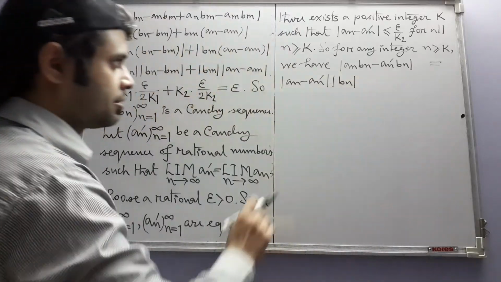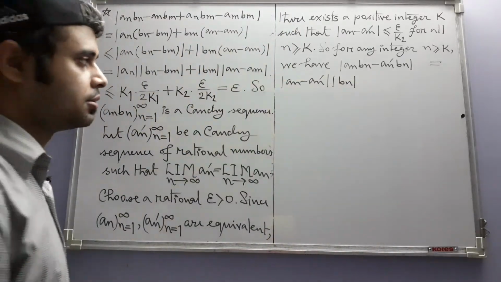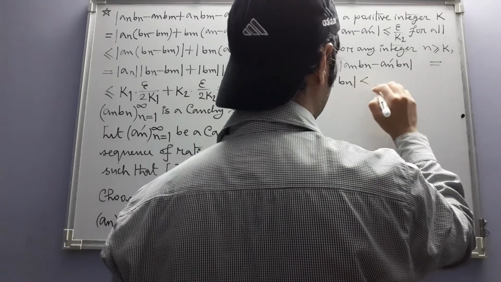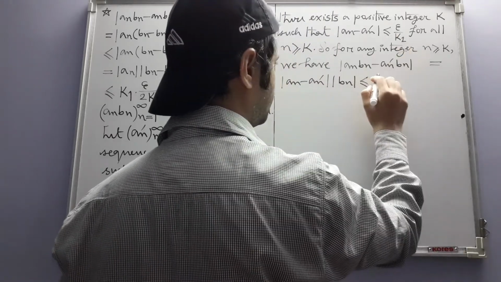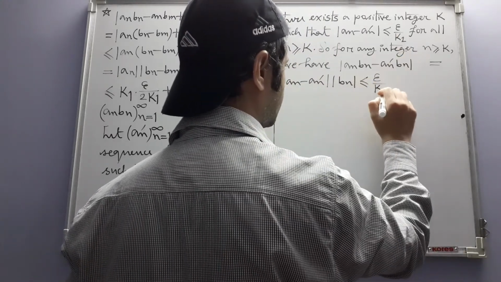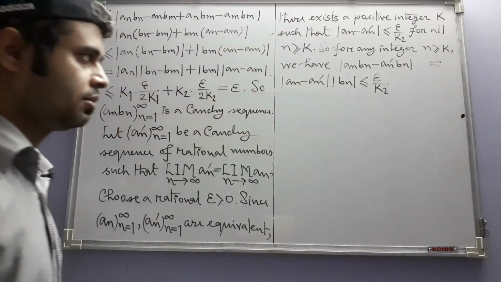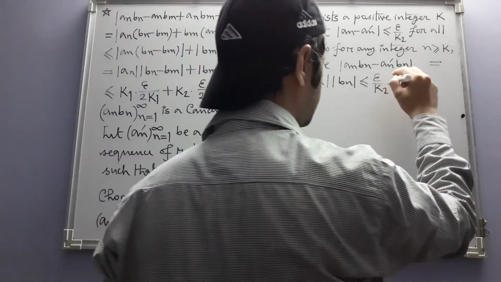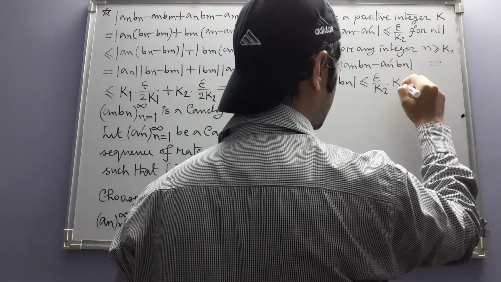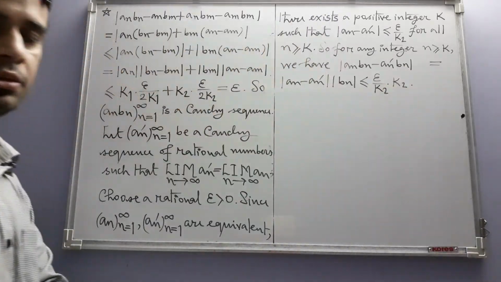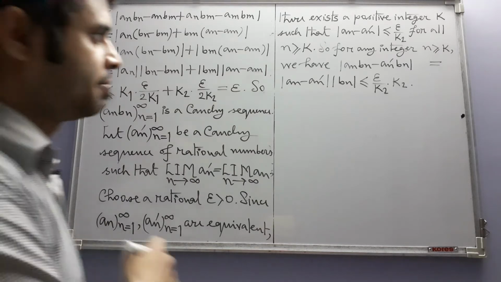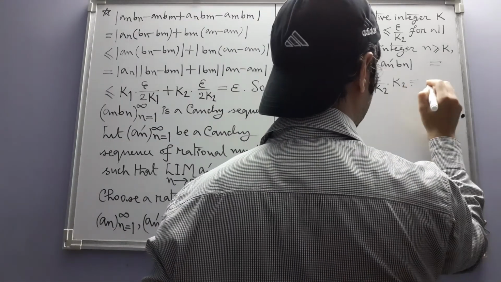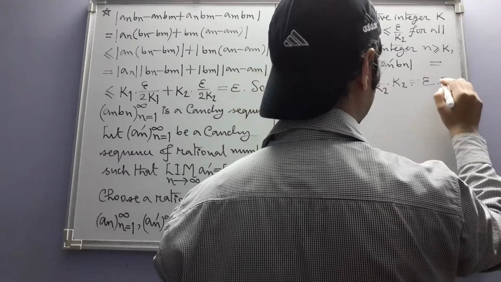Now the first distance is less than or equal to epsilon divided by k2, and the second factor, that absolute value, is less than or equal to k2. So this becomes equal to epsilon.